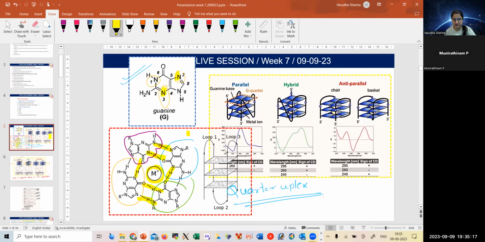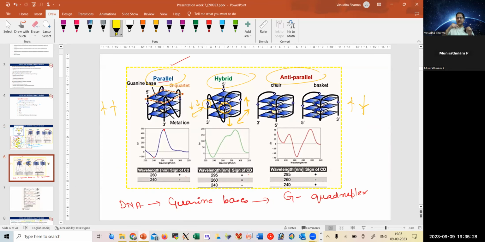So this one becomes your 5' and this is your 3'. That's why there would be a hydrogen bonding over there. And depending upon that, if both 3' and 5' have a similar direction, here you can see the arrow is above and the 3' arrow is also, sorry, this is down.